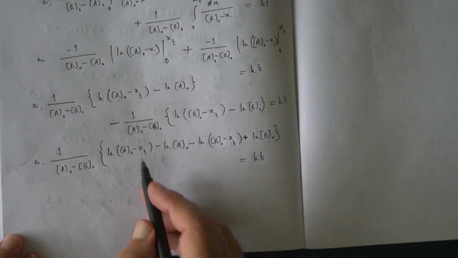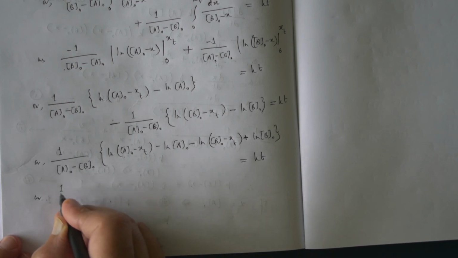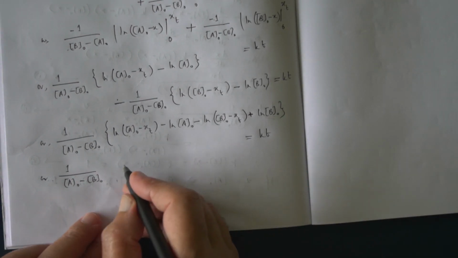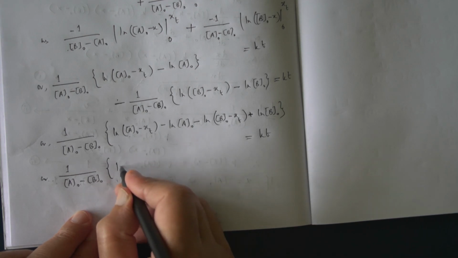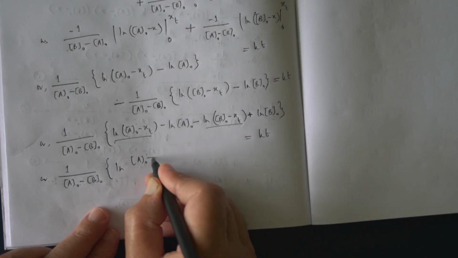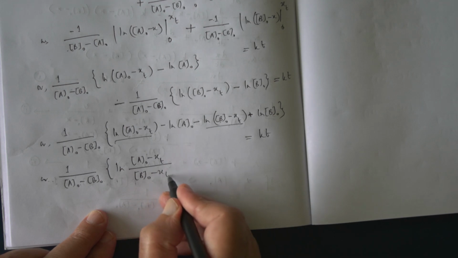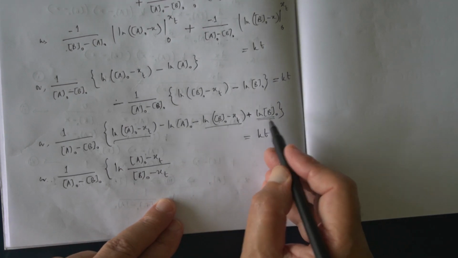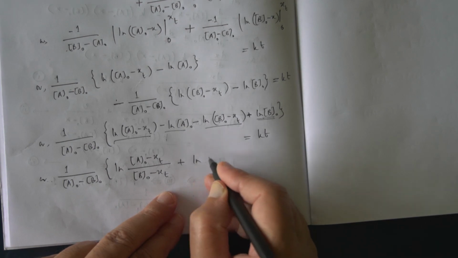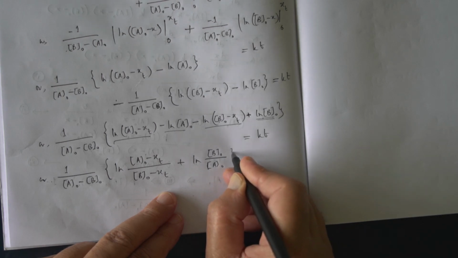Or we can arrange it like this, using log m minus log n: 1 by (A naught minus B naught) [ln ((A naught minus xt) by (B naught minus xt)) plus ln (B naught by A naught)] equal to kt.